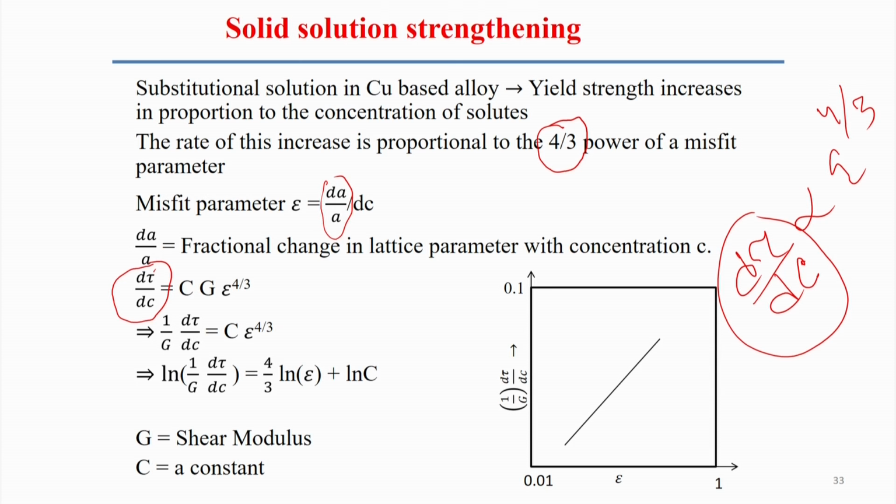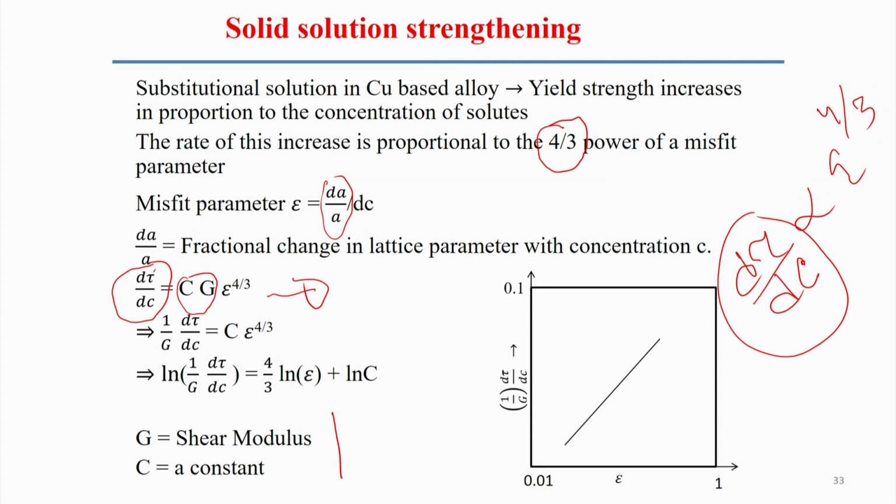If we introduce a constant C, finally this is the expression for the change of the strength level: 1 by G d tau by dC equal to C epsilon to the power 4/3. If we use a logarithm scale, C is a constant and G is the shear modulus.